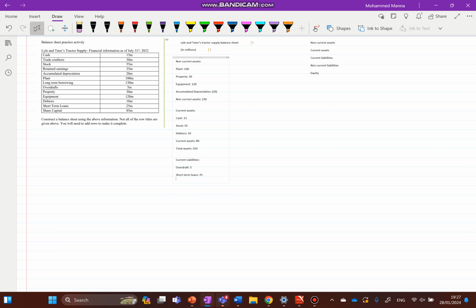Trade creditors for 30. And that is it. So then you'd write down current liabilities 60. And then move on to the next section, which is non-current liabilities.